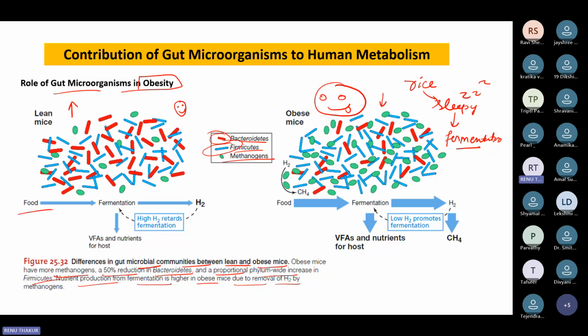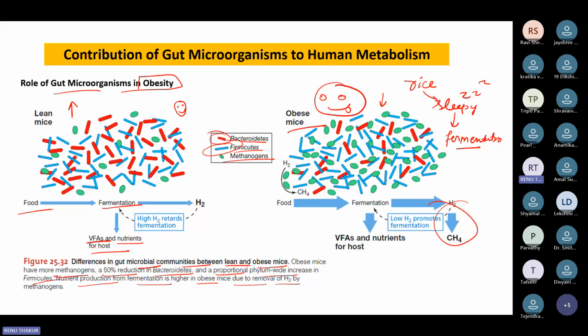And the food is fermented and hydrogen is released, and then volatile fatty acids and nutrients are made, and in this they are producing methane because the methanogens are high in number in the obese.